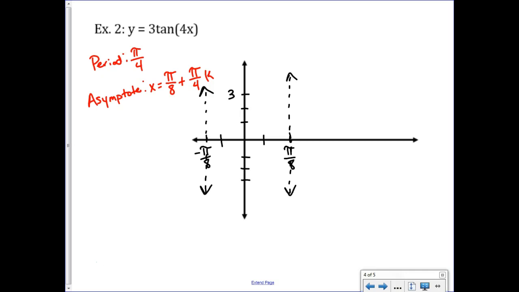So I'm at 3 and negative 3. So the values right in between 0 and pi over 8 are pi over 16 and negative pi over 16. So at pi over 16, I'm up at 3. At negative pi over 16, I'm down at negative 3. At 0, I'm at 0.